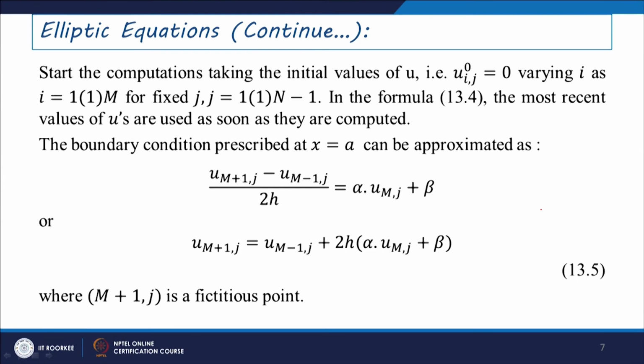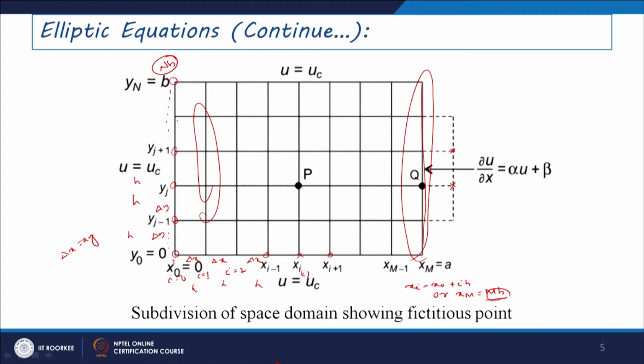So for further computations, we take the initial values of u in the form u_ij at 0 equals 0, with i from 1 to m for a fixed j, and j equals 1 to n minus 1. For each fixed i we keep it, and step by step in j we move on. So for j equals 0, all the values of i are known to us.